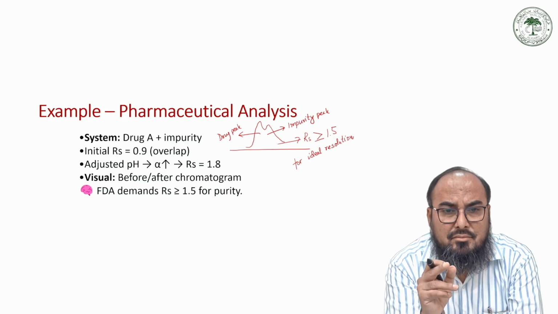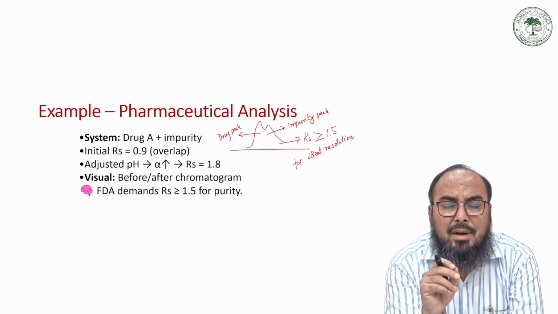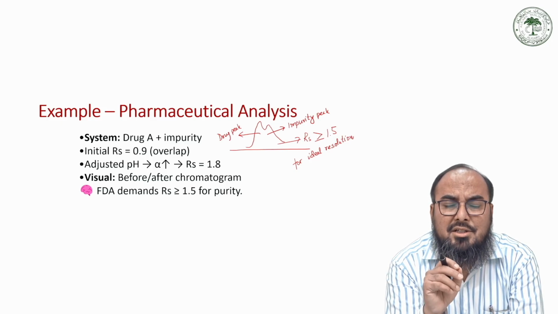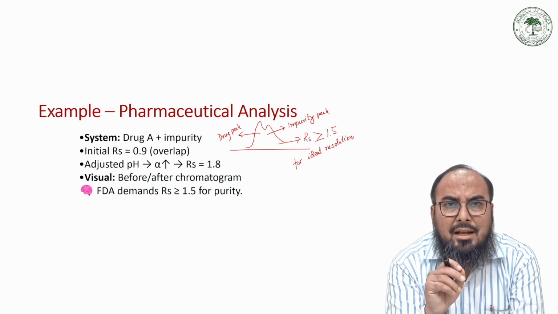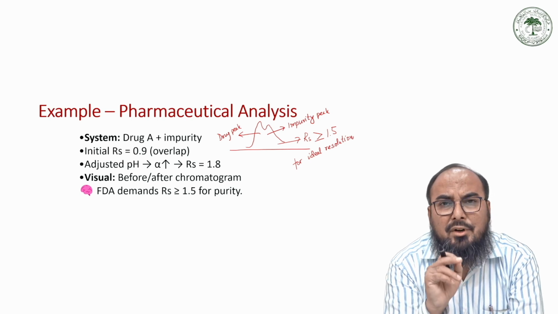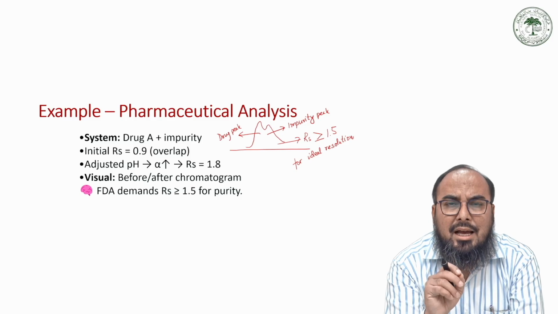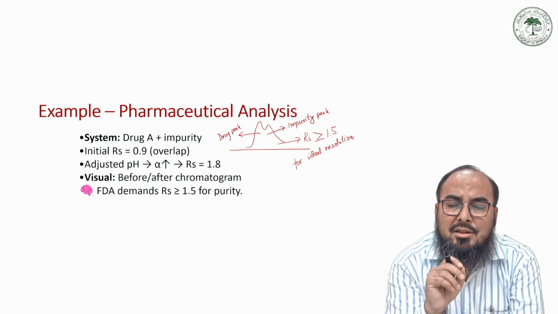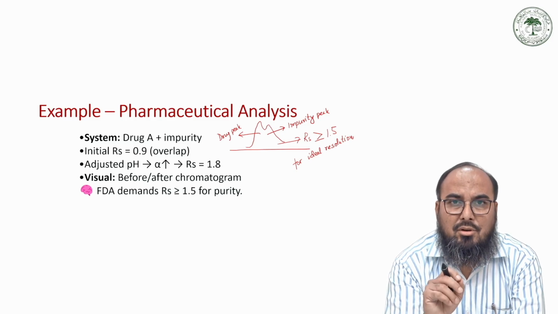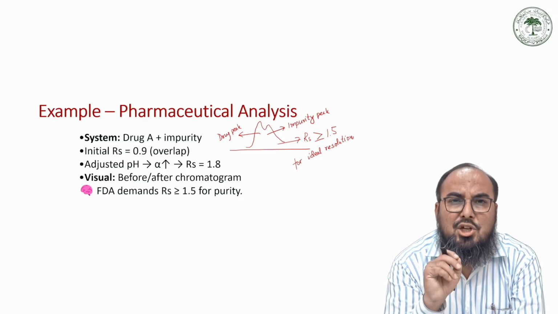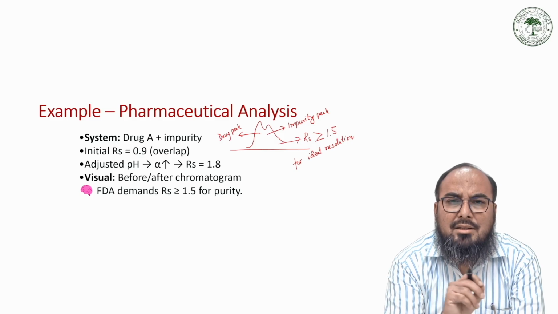That can be simply adjusted by adjusting the pH, because if you adjust the pH, the selectivity factor will increase, and among all the factors, the selectivity factor is the most dominant one, because a little increase in it can cause a great change in the resolution. So you should always look for changing your alpha rather than anything else.